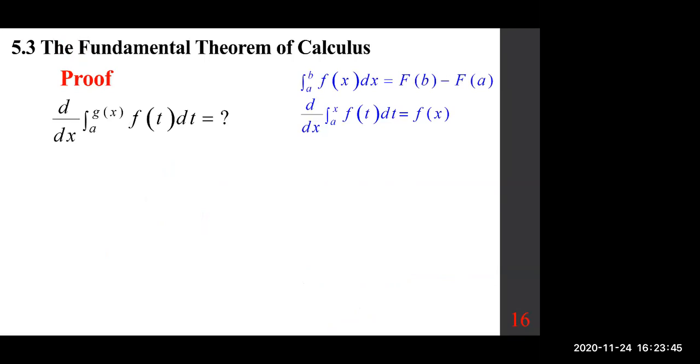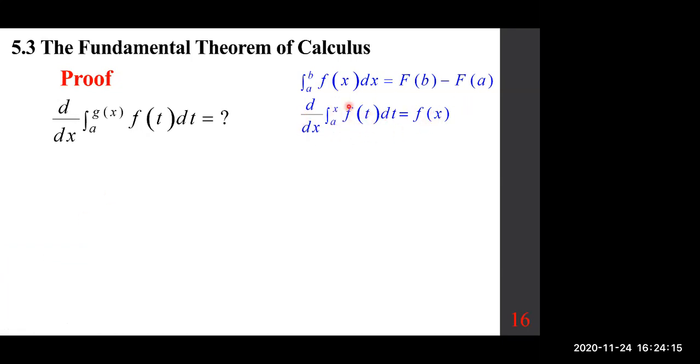All right, here's another example. In essence, the second part of the FTC can be proved this way also. We are looking at the derivative of the integral from a to g of x of f of t dt. As you recall, we mentioned the derivative of the integral from a to x of f of t dt is f of x.